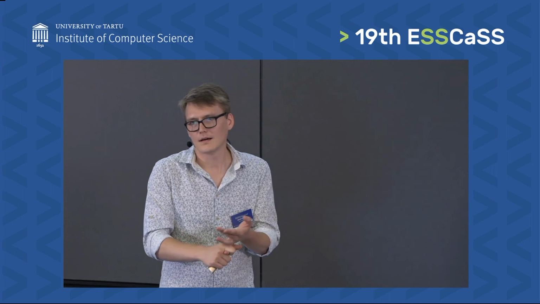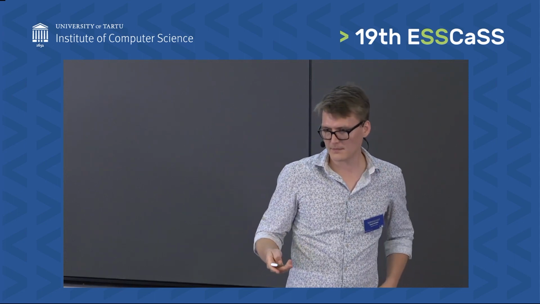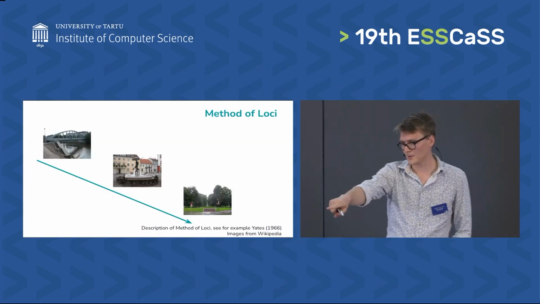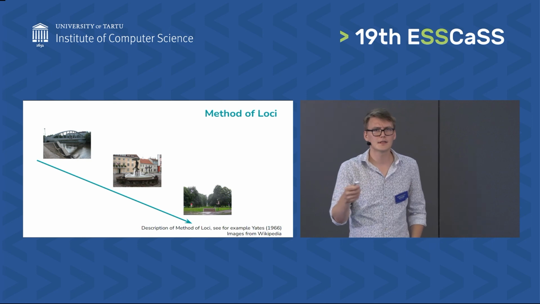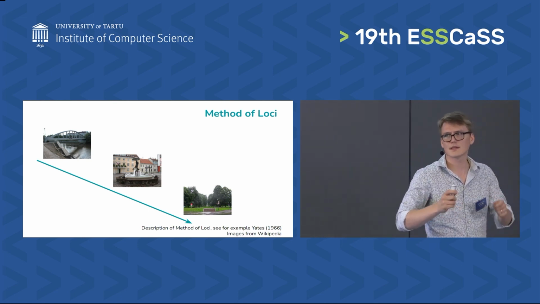One thing that I can teach in half a minute is that you can take the rhyming system. 2 would be shoe. So instead of 2, you imagine a shoe, and the shoe would be on the bridge. 5 would be hive, dive. So you can imagine someone diving like a diver into a fountain. And 6 is sticks, for example, like drumsticks.